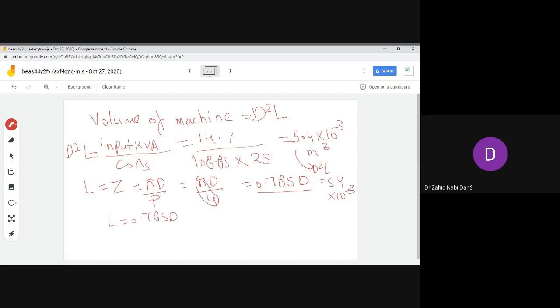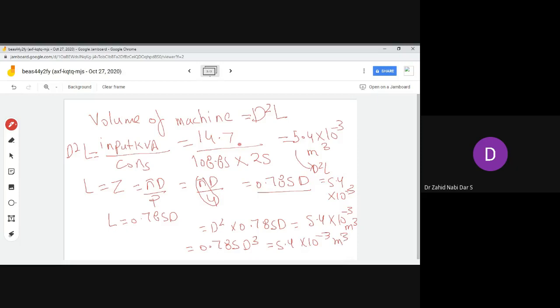Now you can do one thing: you can get the value for this D. You can substitute the value of L here, 0.785 D. So we can write D square into 0.785 D is equal to 5.4 into 10 power minus 3 meter cube. So this D square times D would become 0.785 D cube is equal to 5.4 into 10 power minus 3 meter cube.